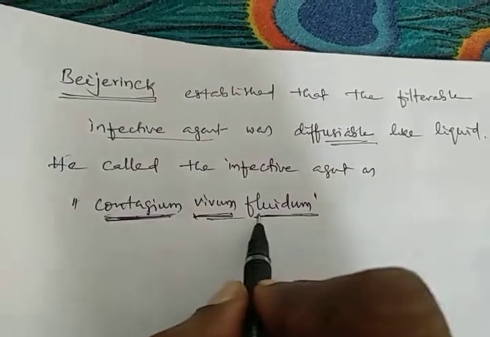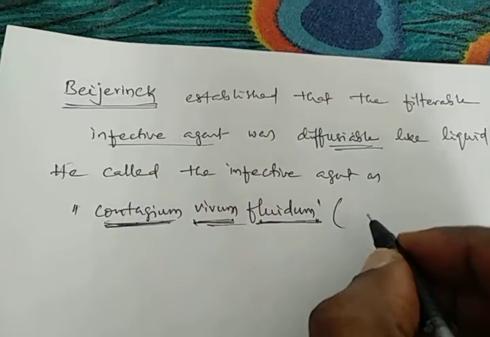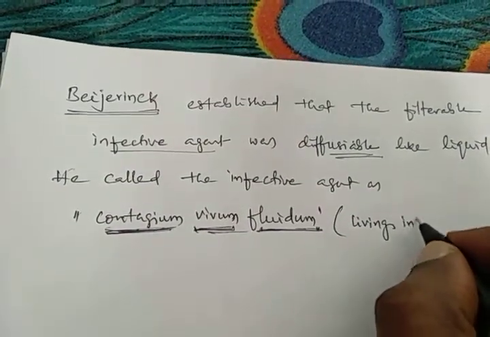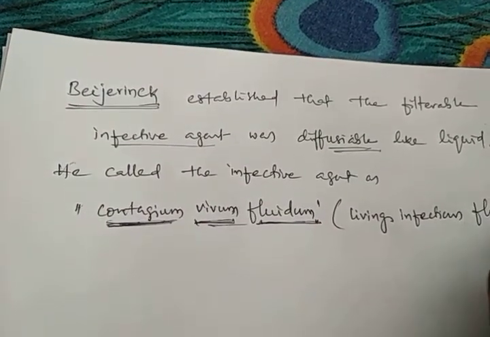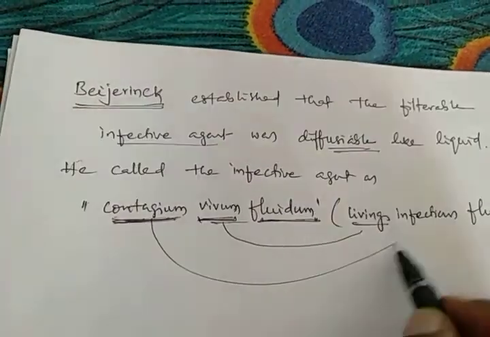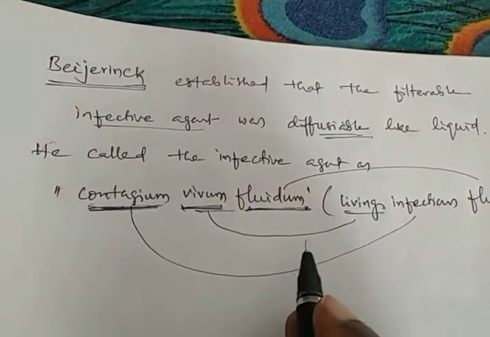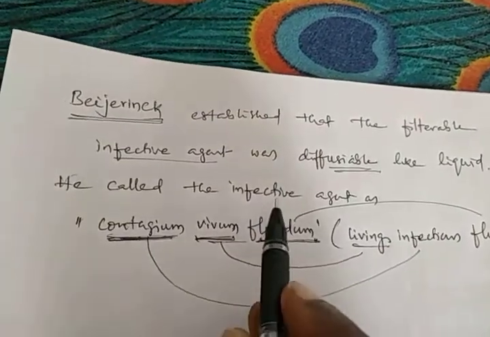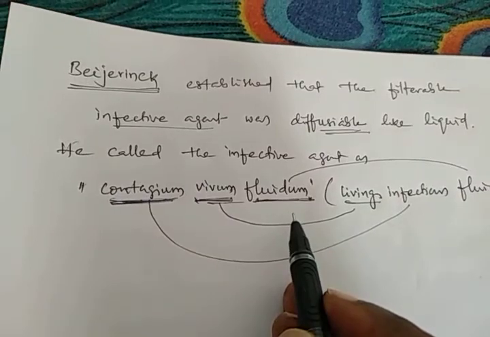Fluidum means they are in liquid form. So it is said to be a living infectious fluid. Living means vivum, contagium means infectious, fluidum means liquid. Who described this? Beijerinck described the infective agent as contagium vivum fluidum.